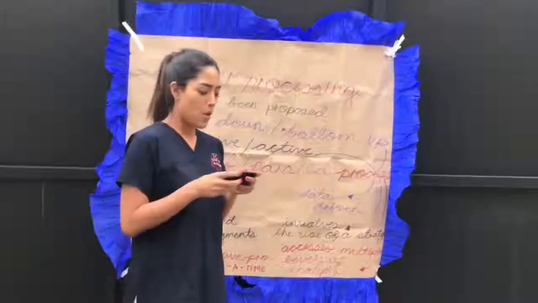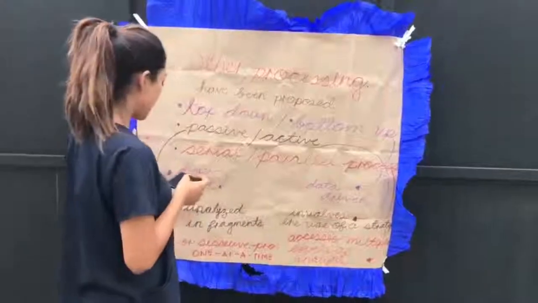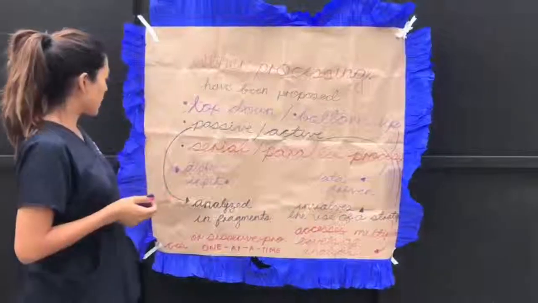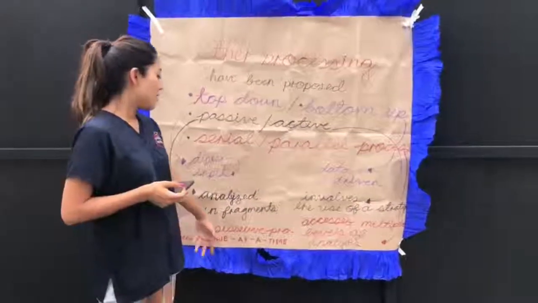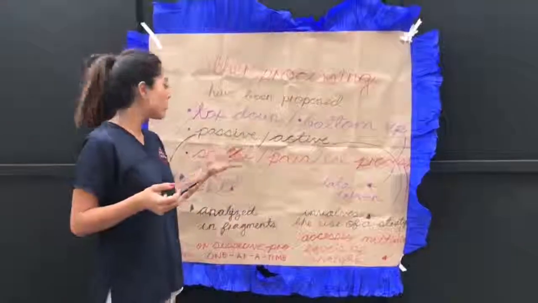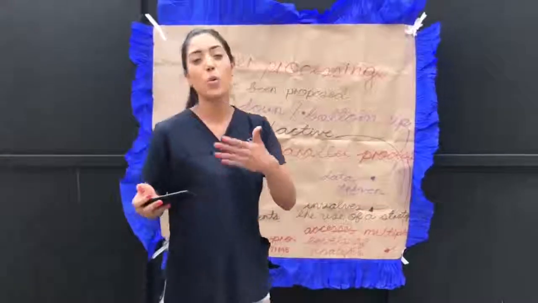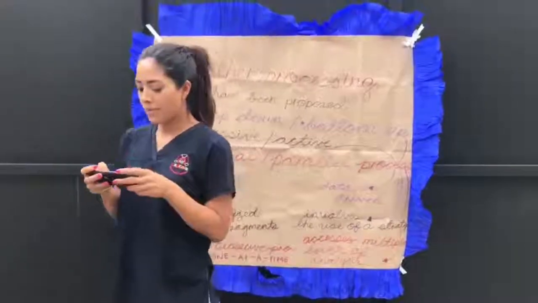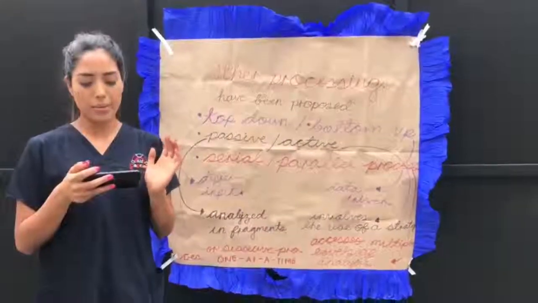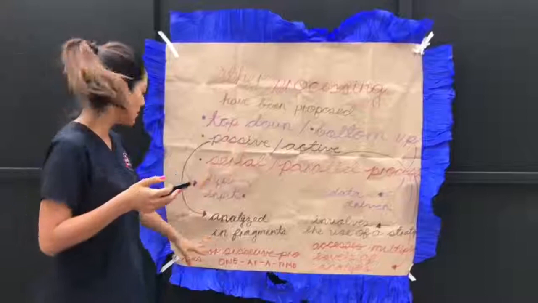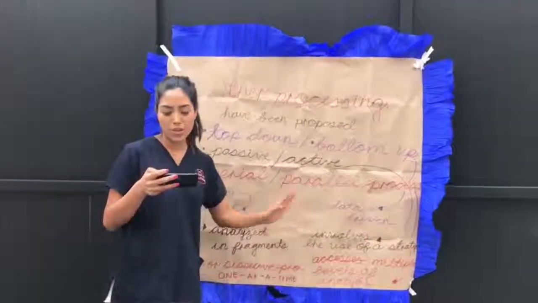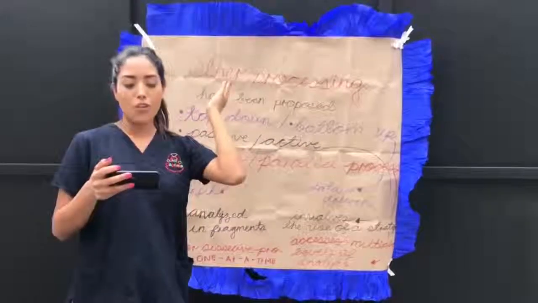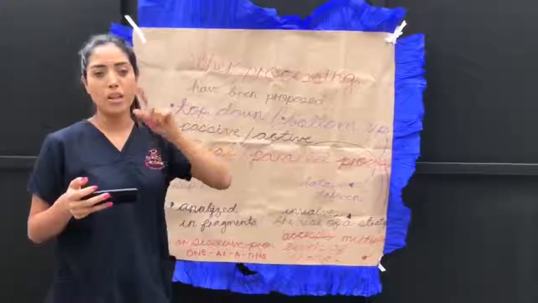The next one we have here is also serial and parallel process. So serial is, like the word says, continuous. So in this part we have processes that we say work one at a time, because this is located in the left frontal and temporal lobes.